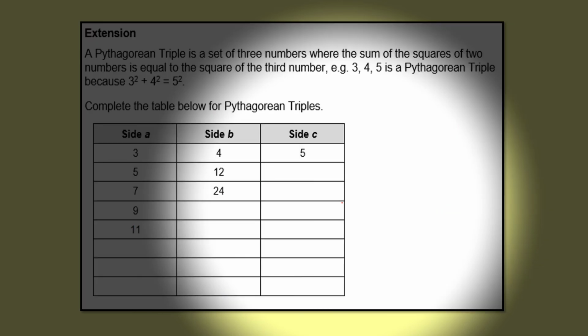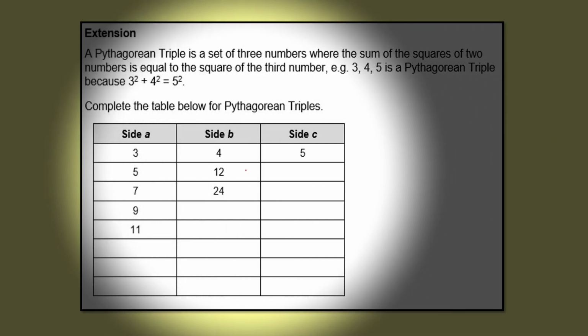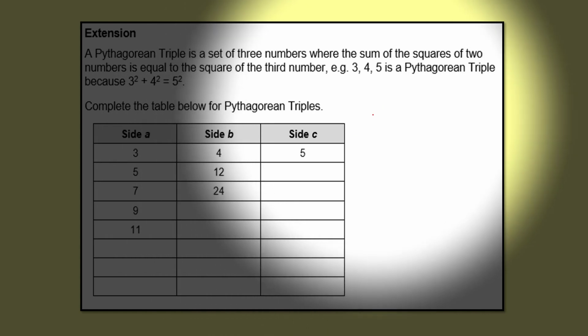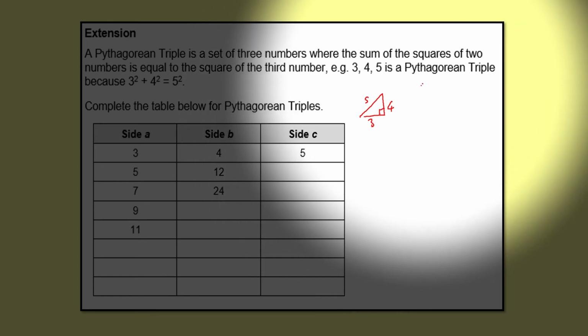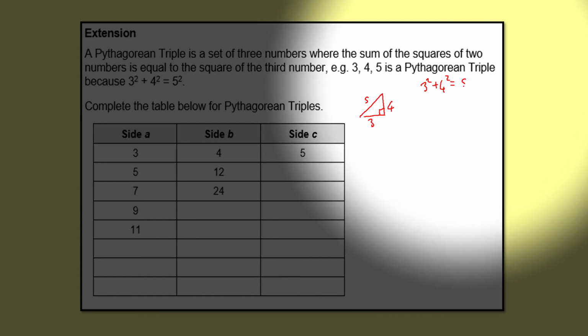Right, now Pythagorean triples. You do just need to know what the word means. So what I mean is, for the first one, side a is 3, side b is 4, side c is 5. So this means it's a right angle triangle because 3 squared add 4 squared equals 5 squared.